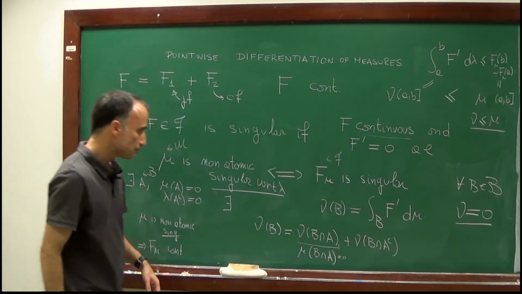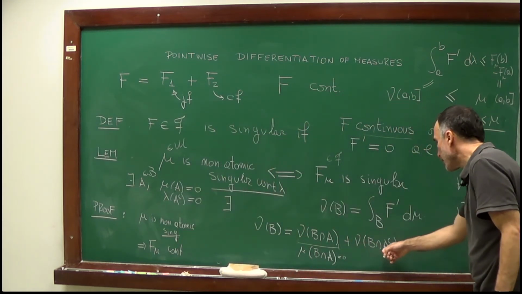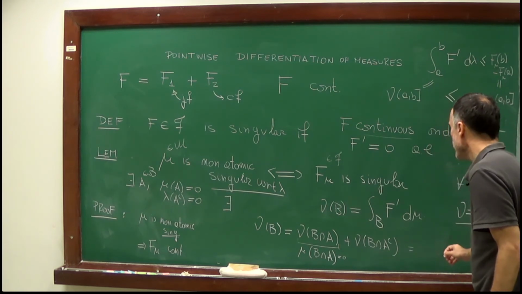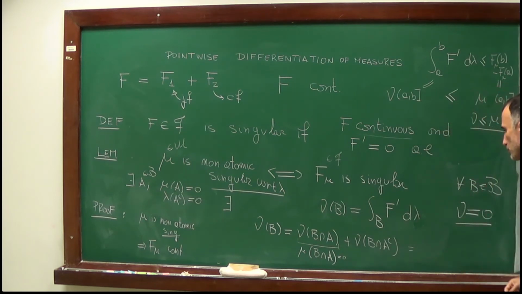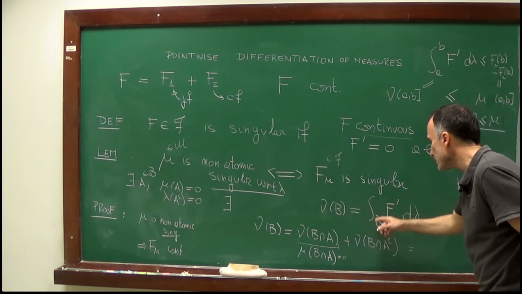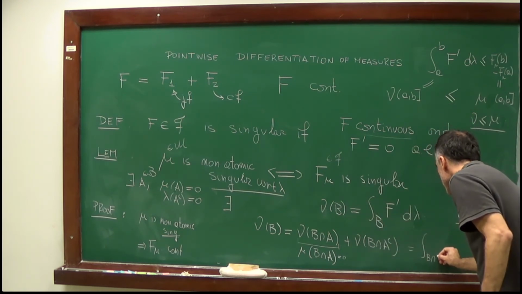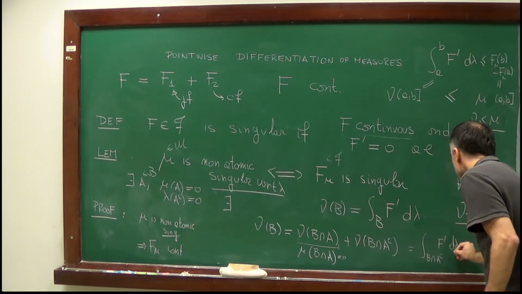On the other hand, mu of B intersection A complement is equal, and here I wrote mu, but it's with respect to Lebesgue, of course. So nu of B, by this definition, is the integral over the set B intersection A complement of f prime d lambda.